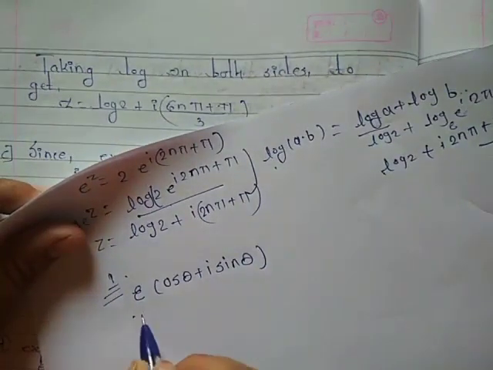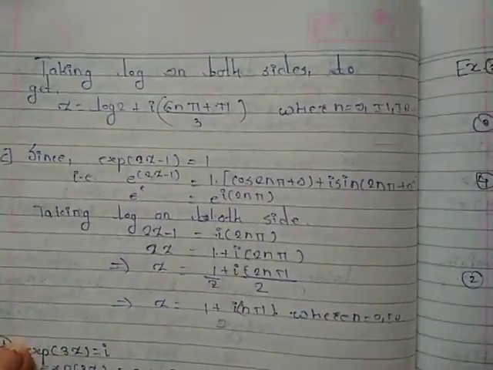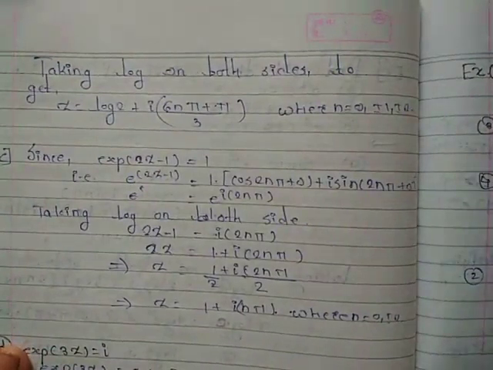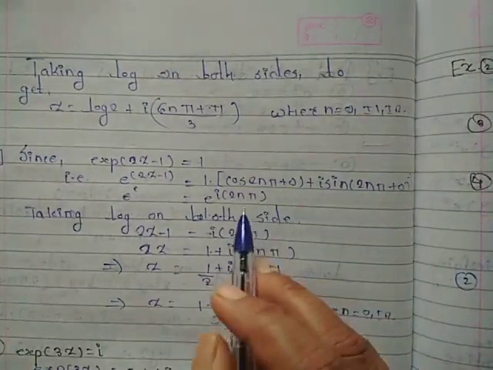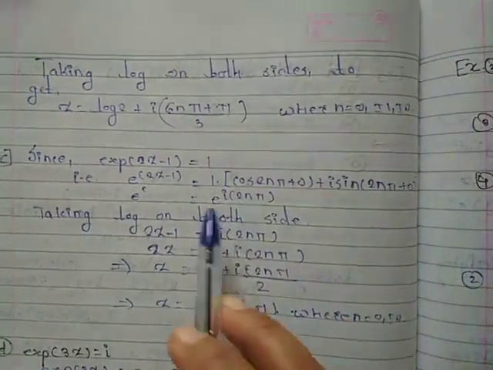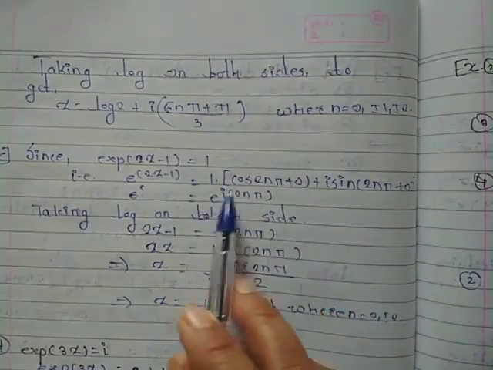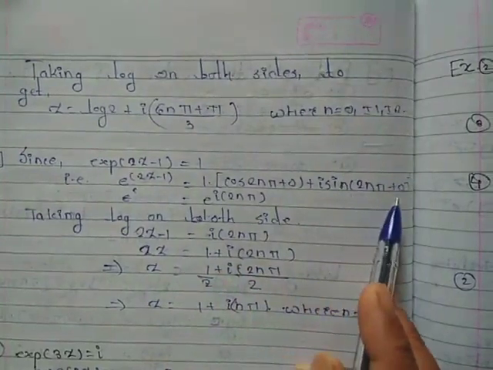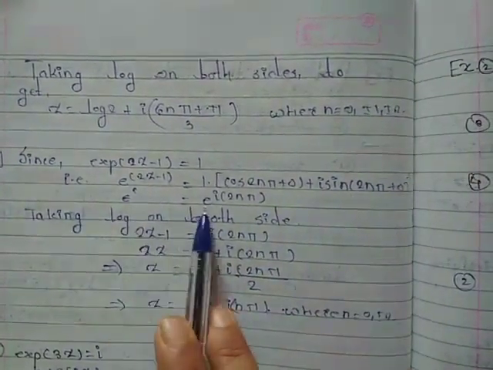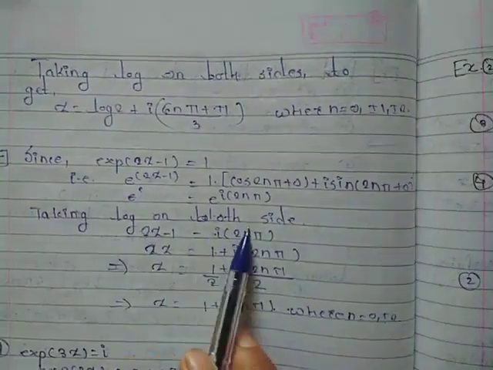For 1, r is 1, and 1 is on the real line, so theta is 0. So this one can be written with r as 1 and theta as 0, so cos(2nπ + 0) plus i sin(2nπ + 0), which can be written as e raised to i 2nπ.